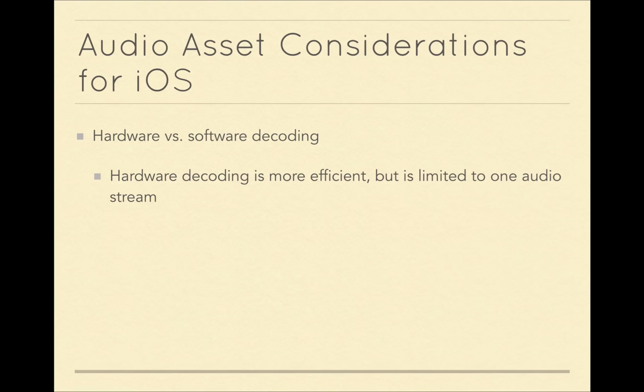Hardware decoding is much more efficient, but it is limited to one audio stream, and what that means is only one audio asset can be hardware decoded at a time. So that can be a problem if you have music and sound effects playing at the same time, or if you're working on an app that has some audio components to it, but the music is still playing, like maybe Pandora or just the music app on the iPhone.